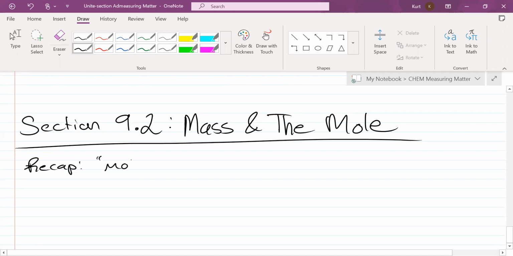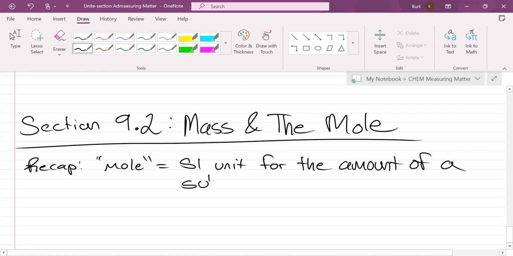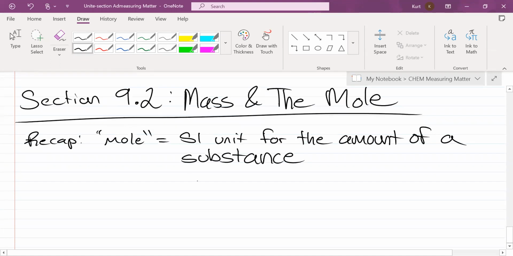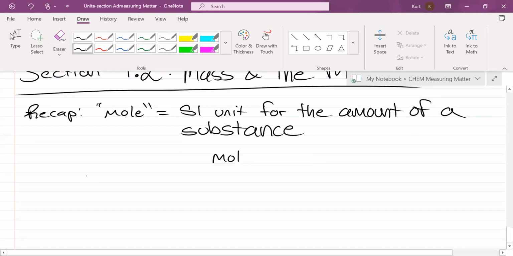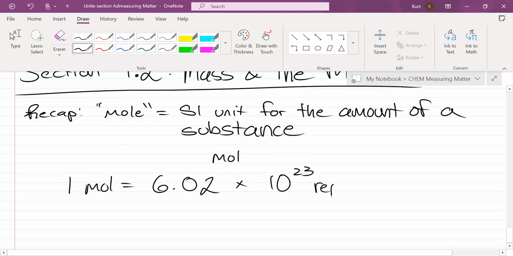A mole is the SI unit for the amount of a substance. The abbreviation is MOL, and in Avogadro's conversions, 1 mole is equal to 6.02 times 10 to the 23rd representative particles.